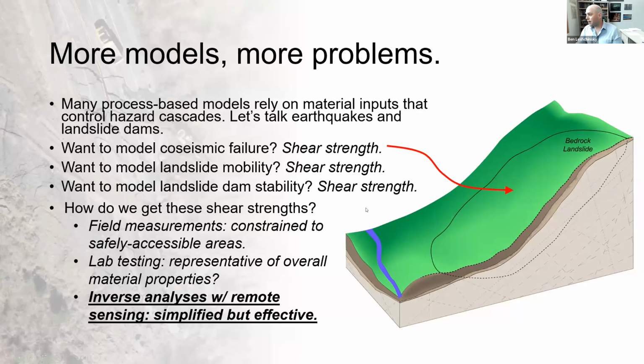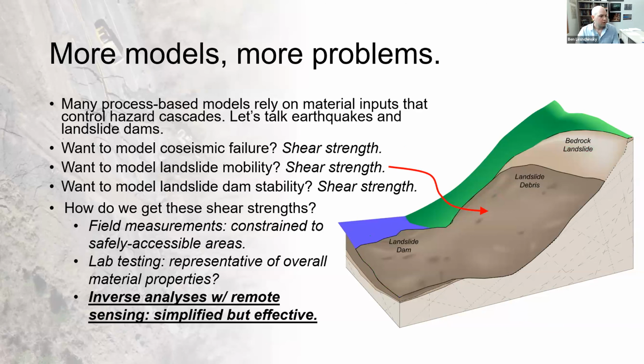The more models you have, or the more processes you're considering in a chain of cascading hazards, the more inputs you need, material inputs in particular. For example, with earthquakes and landslide dams, if you want to model a co-seismic failure, one of the inputs you need is shear strength. If you want to look at mobility of that landslide, you need shear strength properties that dictate the rheology or the runout of this failure.